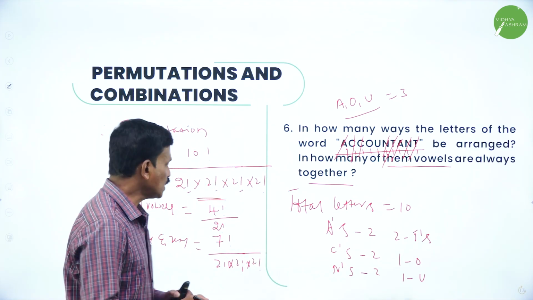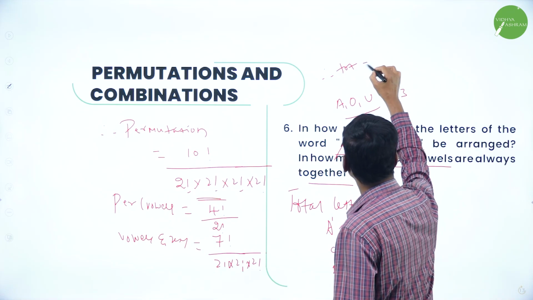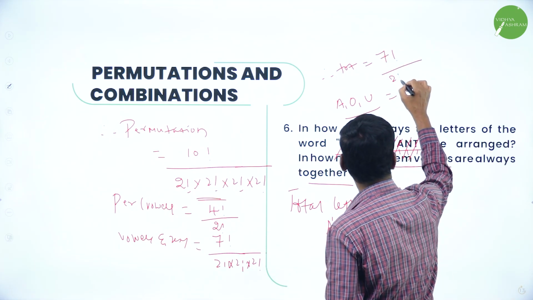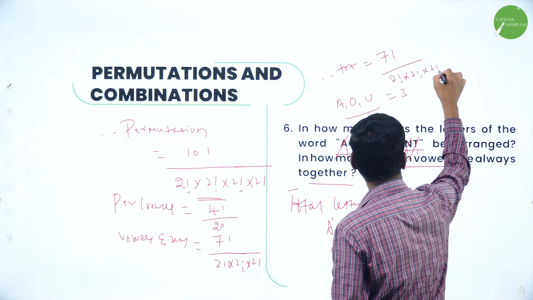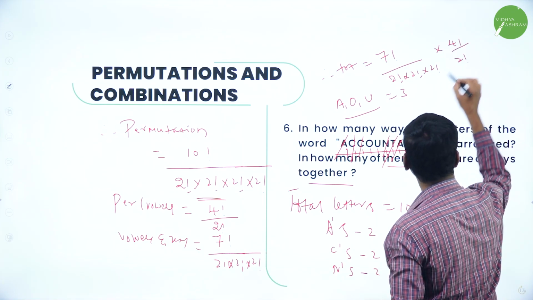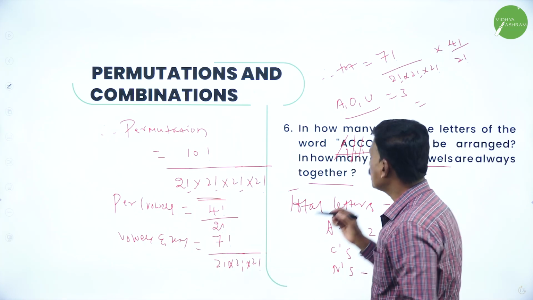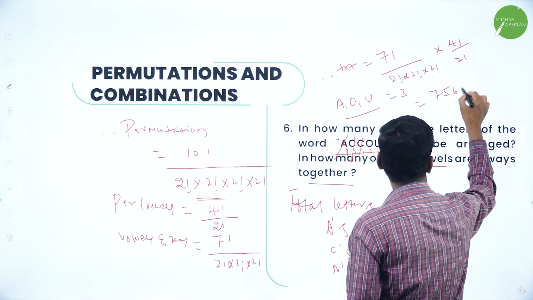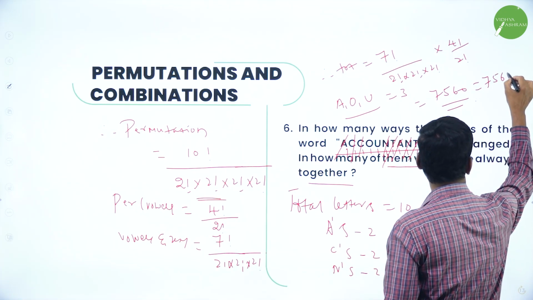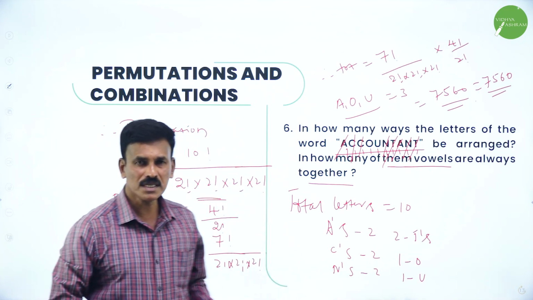So, the total permutation is equal to 7 factorial divided by 2 factorial into 2 factorial into 2 factorial into 4 factorial divided by 2 factorial. If you simplify this, you are going to get the answer as 7560. This is the required permutation. Okay, now move on to the next problem.